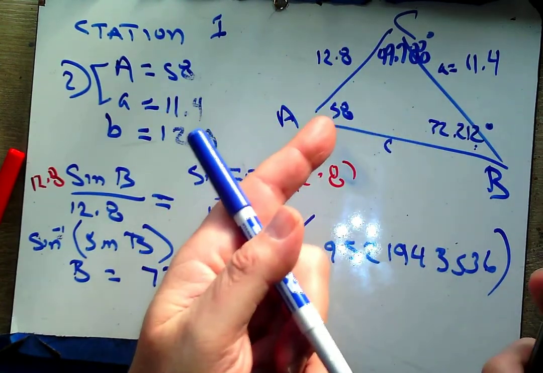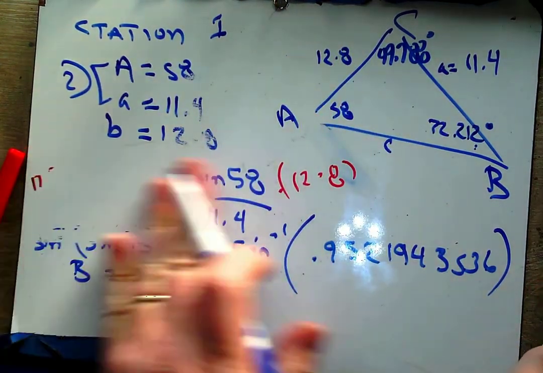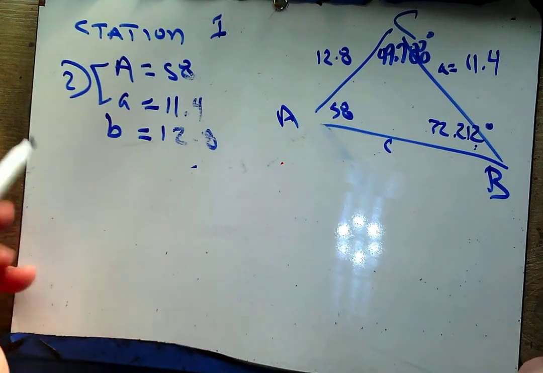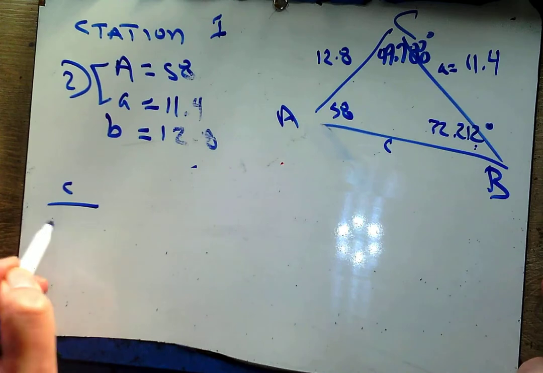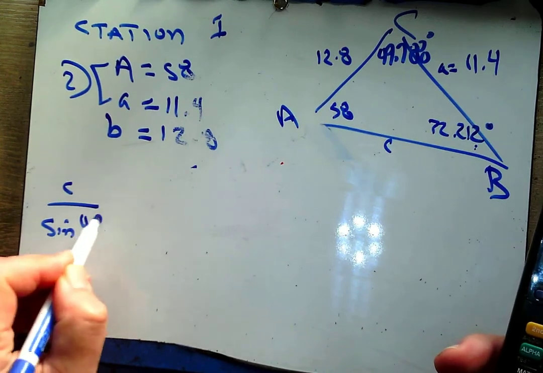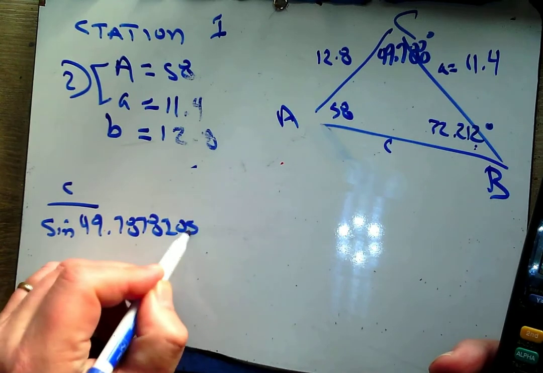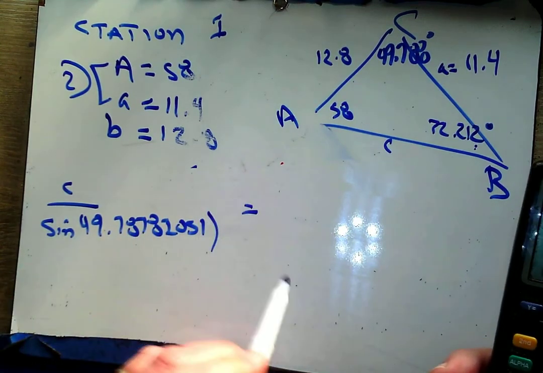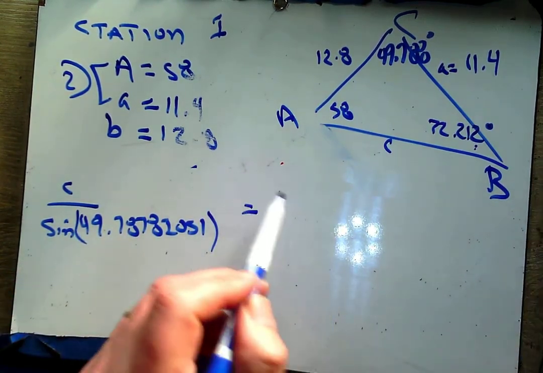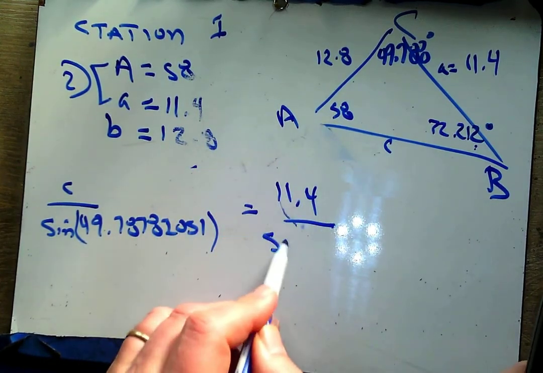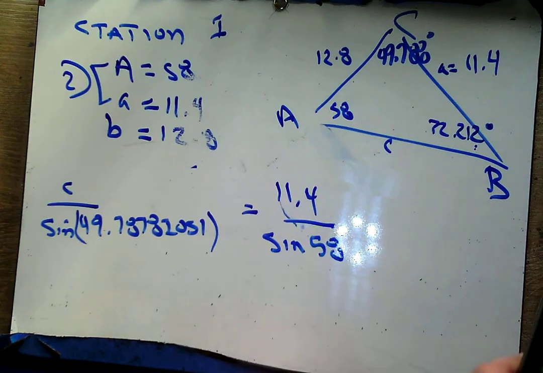And now if I need to find that side, if only this were a right triangle, I could use Pythagorean theorem. But since it's not, I'm going to use the law of sines again and say c over sine of 49.787, 82051 equals the 11.4 over sine of 58.